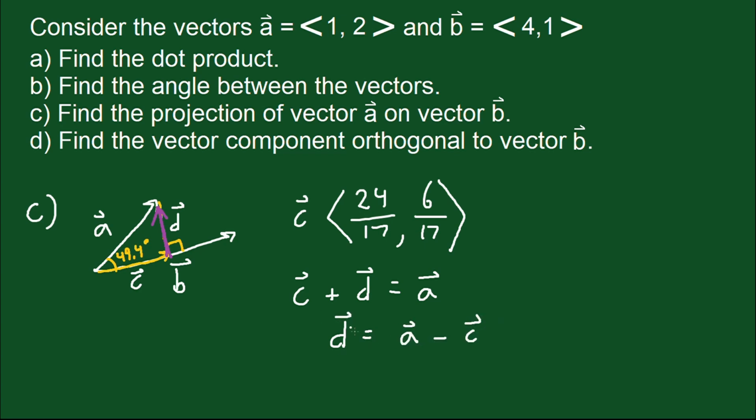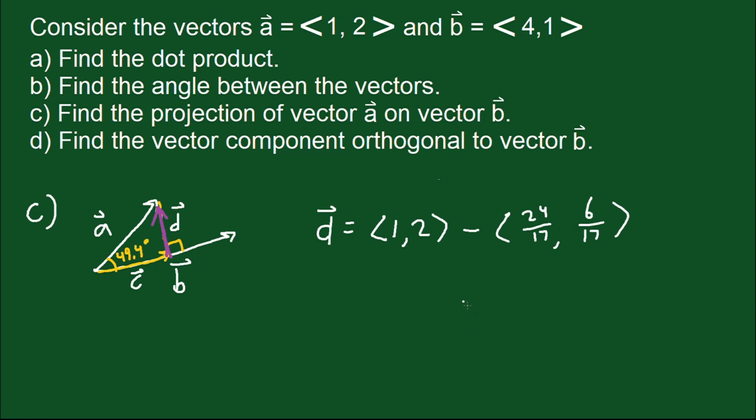You can just solve that algebraically. So vector D is equal to, well, vector A is 1, 2, minus vector C, which is 24 over 17, 6 over 17. Perfect. Now we can figure out what vector D is.